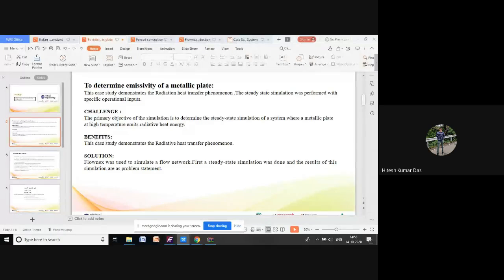The benefit of this case study is that it will demonstrate the radiative heat transfer. The solution we'll get is we'll simulate the radiative heat transfer, the steady state simulation will show, and also we'll get the emissivity, how much emissivity is happening.